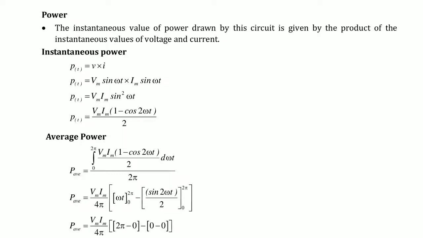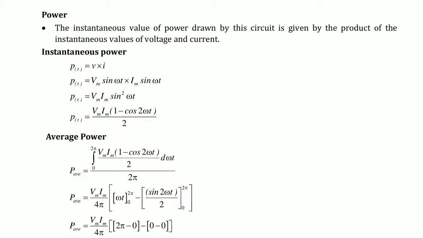So Vm into Im, maximum voltage into maximum current, times sin square omega t. Now convert sin square into cos: sin square omega t is nothing but (1 minus cos 2 omega t) by 2.